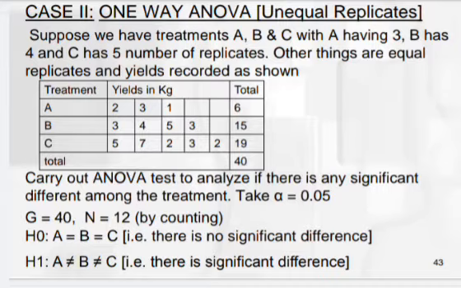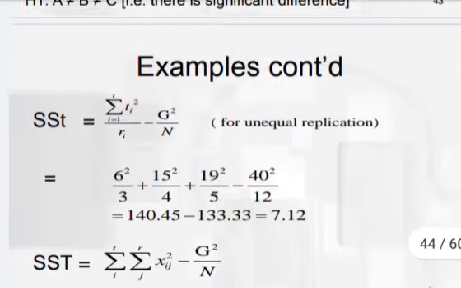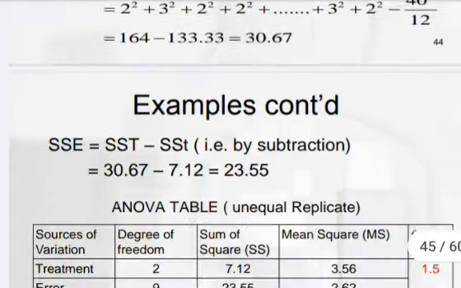So everything was squared all together. Can you see the difference now? In the first one, the total of each treatment was squared, but in this one, we consider each number there, each of the yields. So that's how that is.